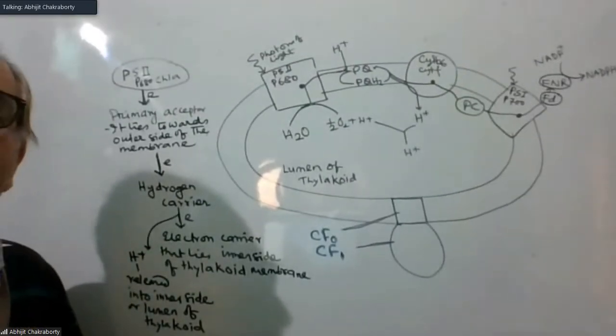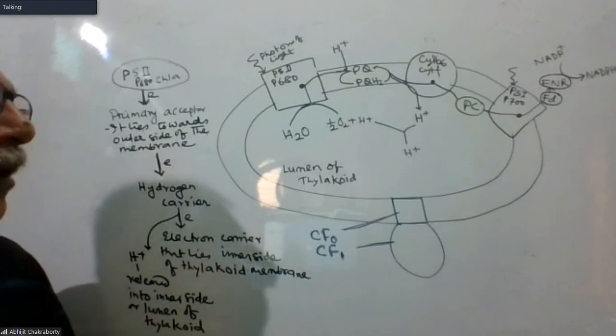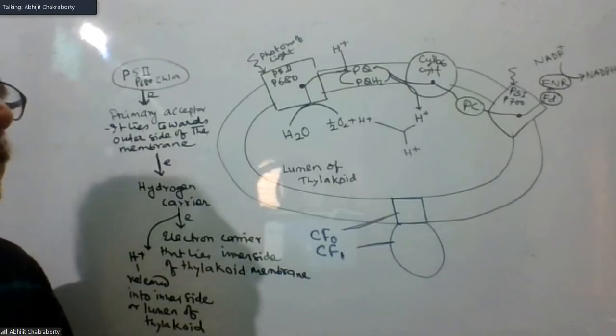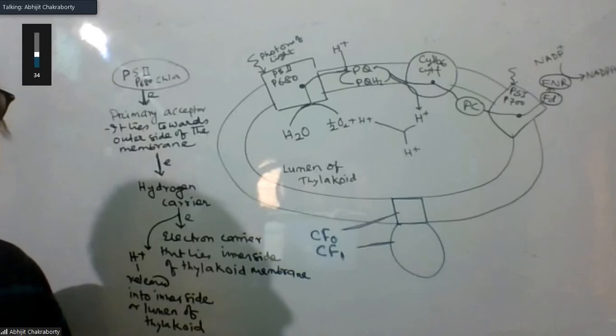Is it clear to you? How is proton gradient developed? This is the first point. As the primary acceptor lies towards the outer side of the thylakoid membrane, from there the electrons are required to be carried to a hydrogen carrier for being carried to the next electron carrier that lies on the inner side of the membrane.